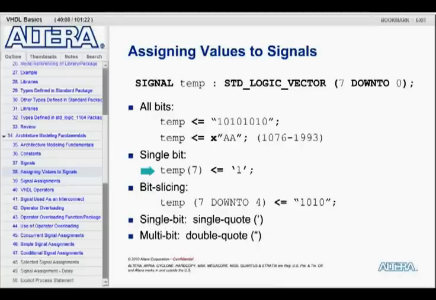For a single bit, I can use single quotes instead of double quotes. So here I'm assigning a 1 to bit 7 of temp. You can also do bit slicing using parentheses as well. So here I want to assign the bus value 1010 to bits 7 down to 4 of temp.